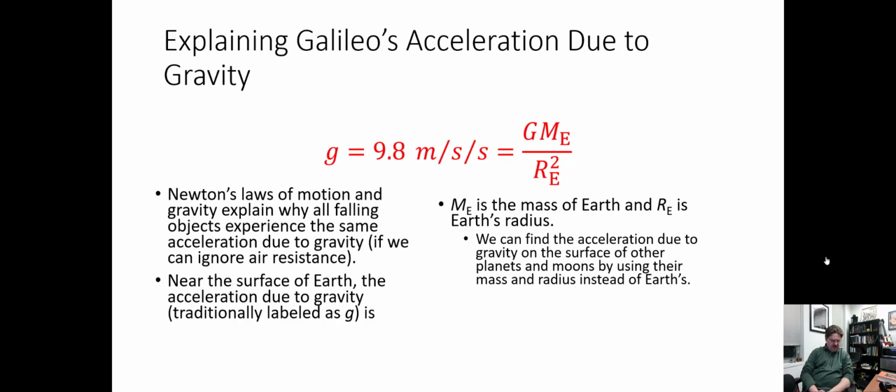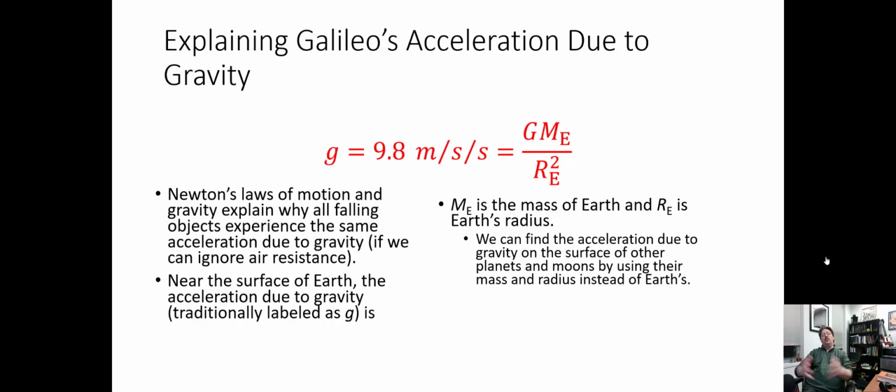Newton basically said, all right, well, let's look at this. We know that F equals ma. We know A, that's the acceleration that an object feels as it's falling. And Newton said, I think that the force acting upon that object is gravity. And I have a law which dictates what that force is. So let me set ma, the force that we see on the object, equal to the gravitational force that I've derived.